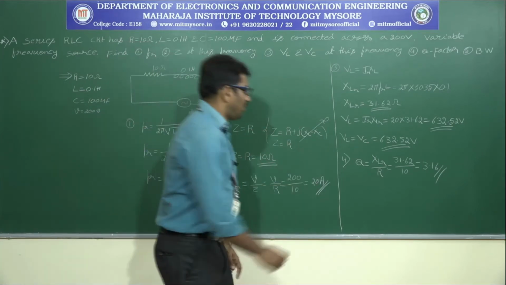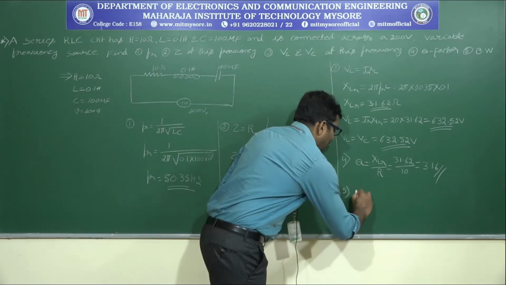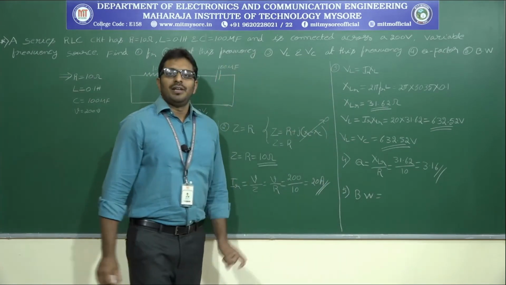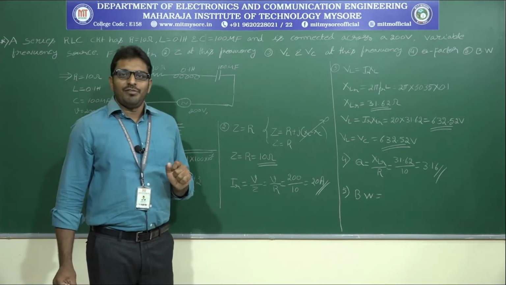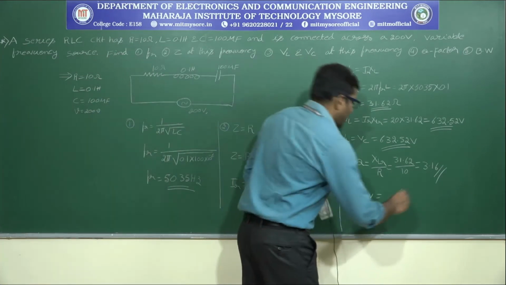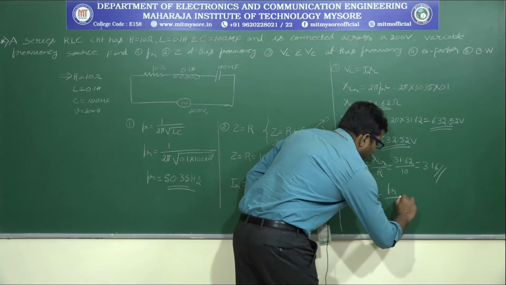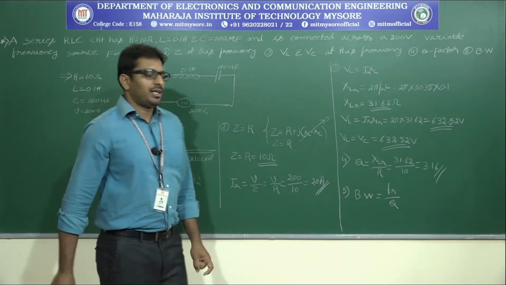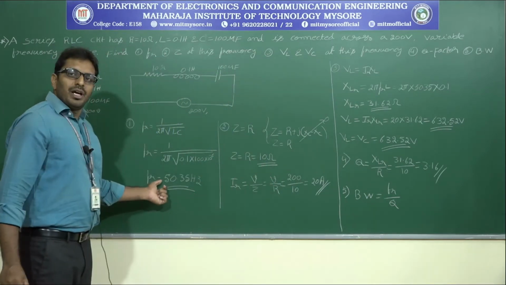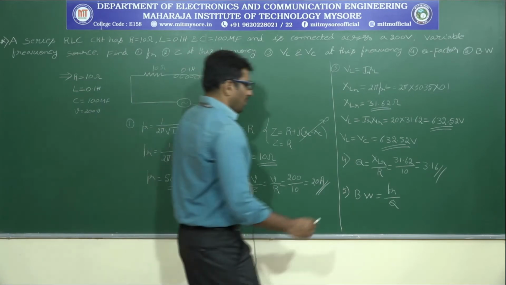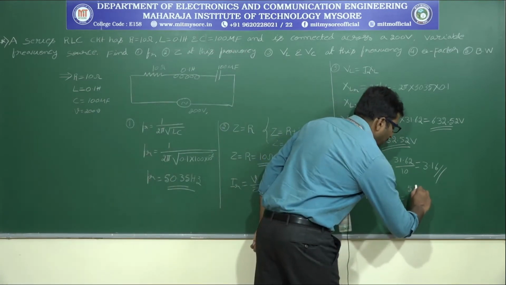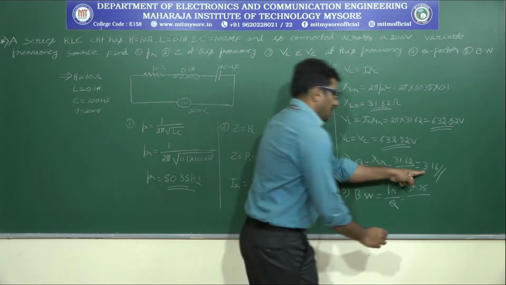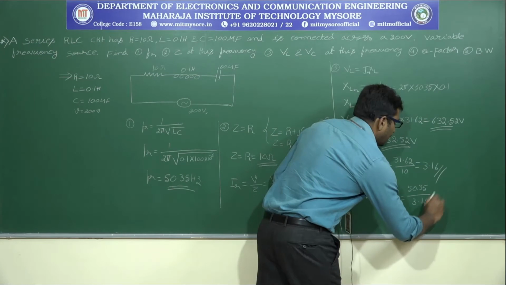Next, what is the last part of the question? Bandwidth. So, the formula to find out the bandwidth, we already derived the relation between bandwidth, quality factor and resonant frequency, right? So, what is the formula? Bandwidth is equal to resonant frequency divided by quality factor. We already calculated resonant frequency, how much? 50.35 divided by quality factor, how much? 3.16.